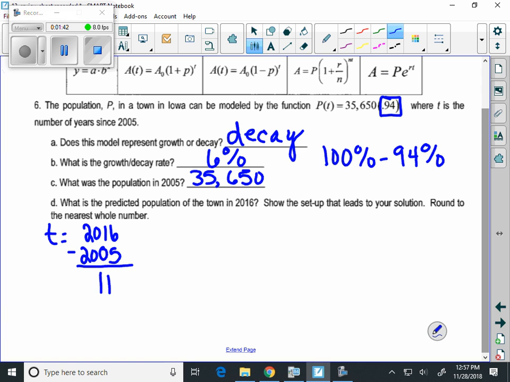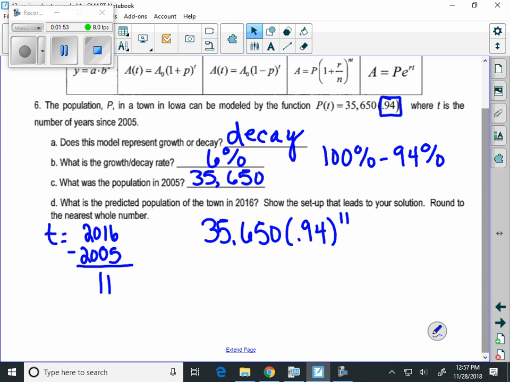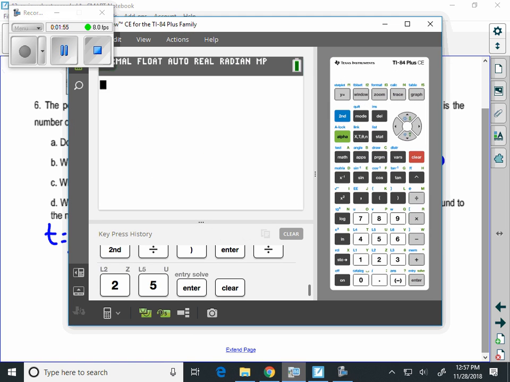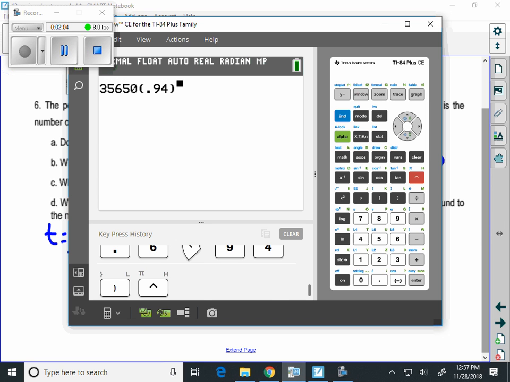That's going to be our time. So we put that back into the formula, and it's going to be 35,650 times 0.94 to the 11.